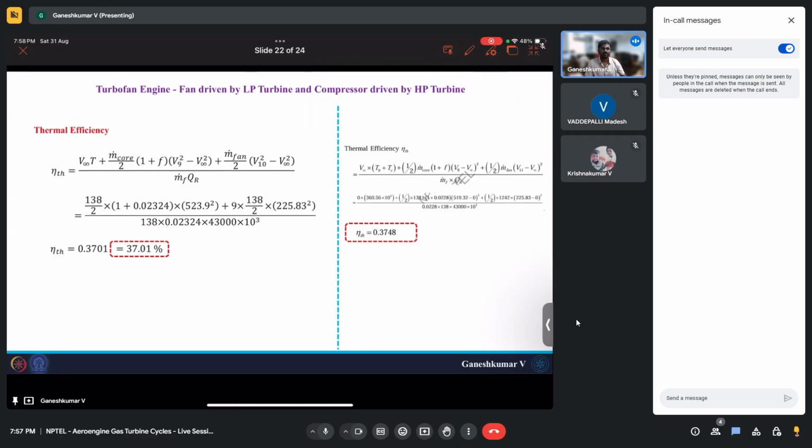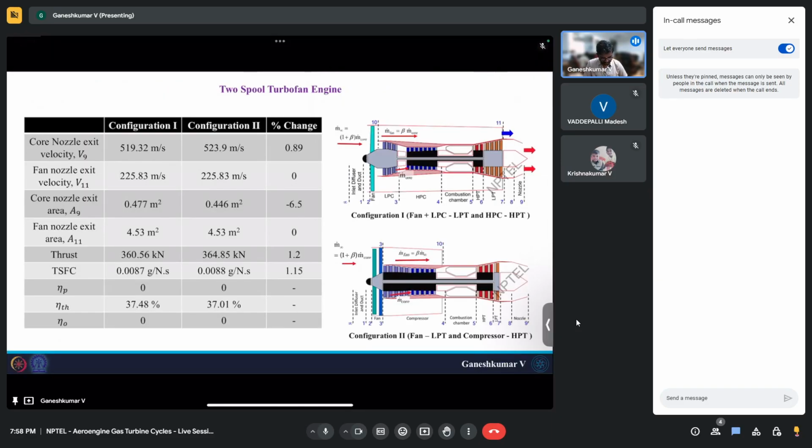Only thing is whether the spool is driving the HP compressor, or is it driving only the fan. So whether the spool is driving both LP compressor and fan, or it is only driving the fan, will make this minor change.